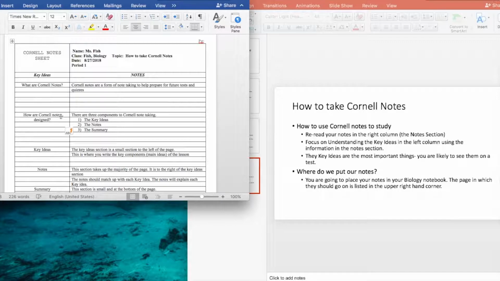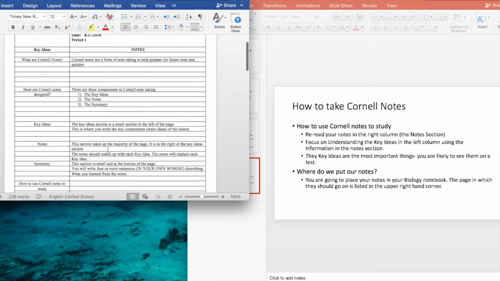I can't really remember it. Oh, what do I do? You're going to look directly next to it and find out that the section you were missing was the notes. That's why it's important for these to match up, so that when you're reviewing and you get stumped or you don't know what something is, you can go straight back to your notes and find the information quickly.